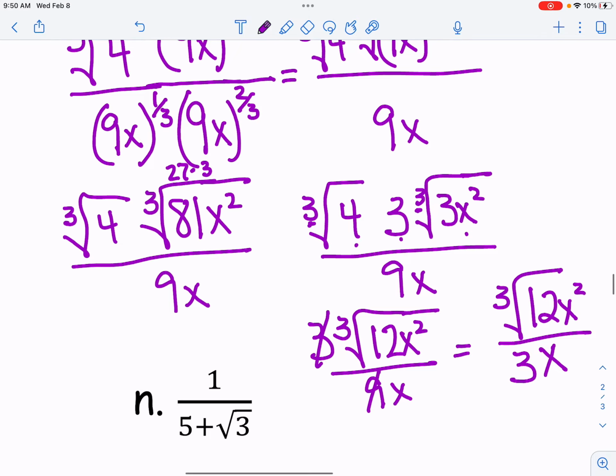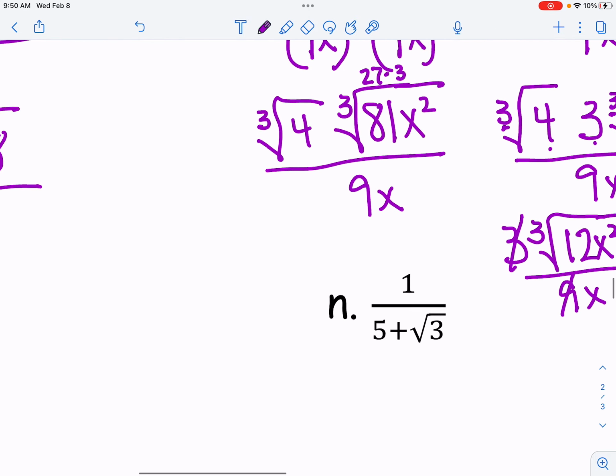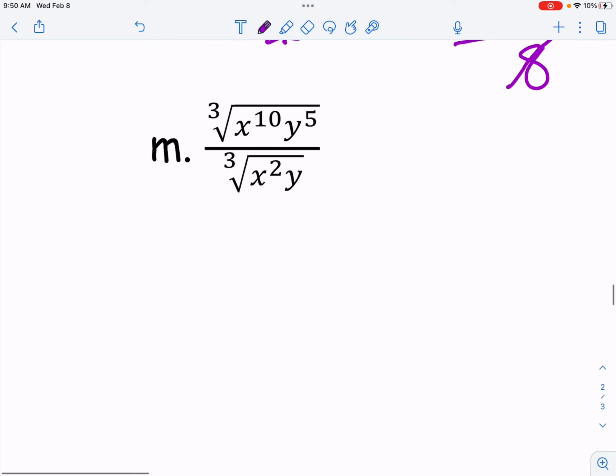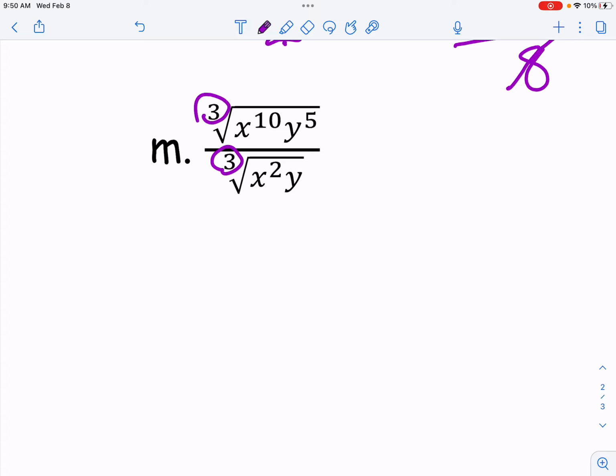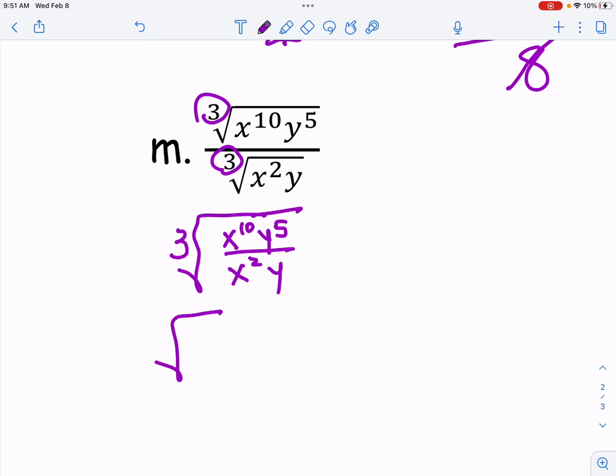You just keep going until you can't go anymore. Under the same index, I'm going to see if I can combine this, which I can. This would be x^10 y^5 over x squared y. Subtract the exponents, and I get x^8 y^4.